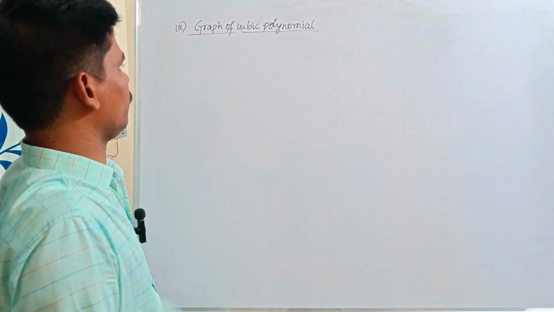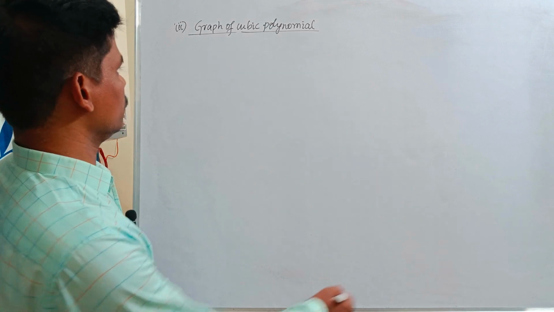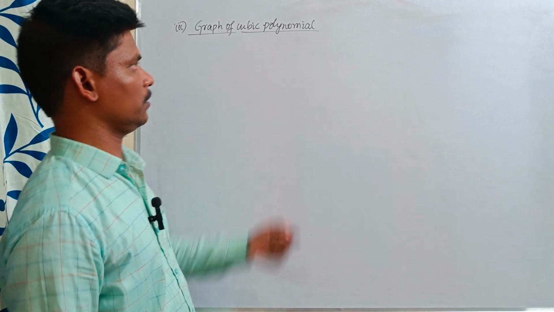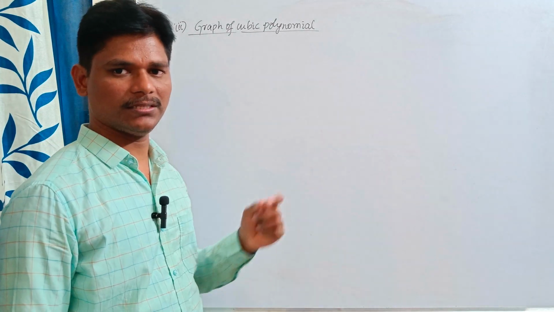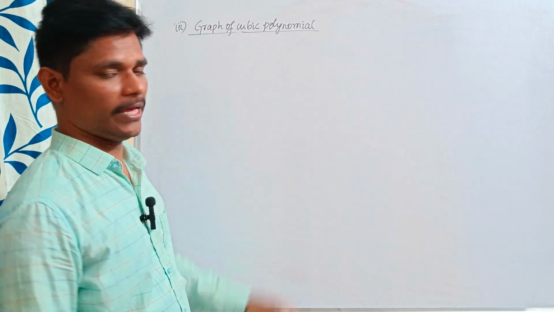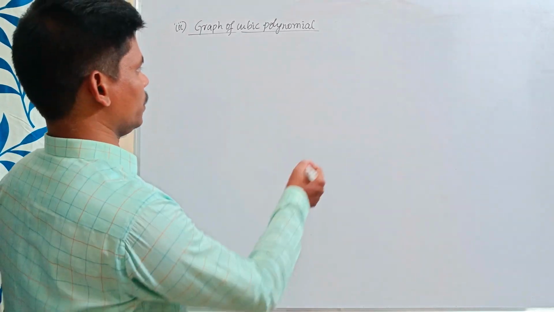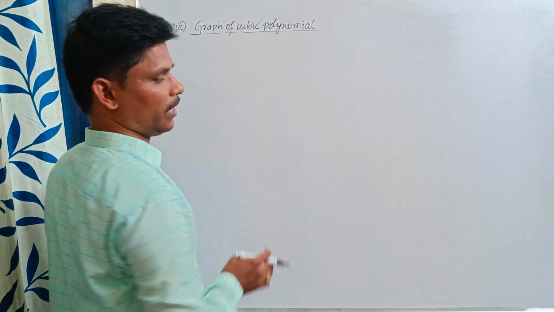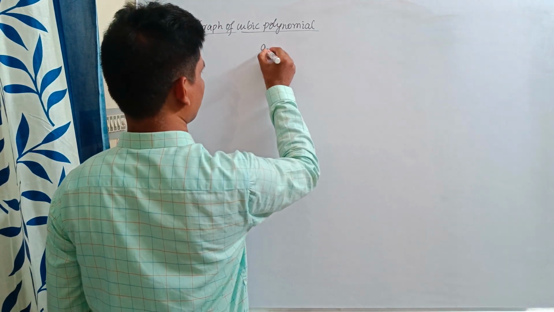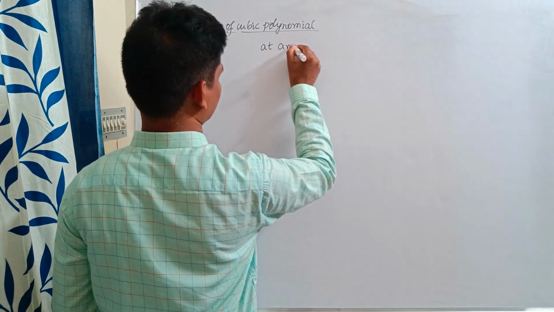Next one, the graph of a cubic polynomial. So what is a cubic polynomial? If the polynomial has degree 3, that polynomial is called a cubic polynomial. A cubic polynomial has at most 3 zeros.